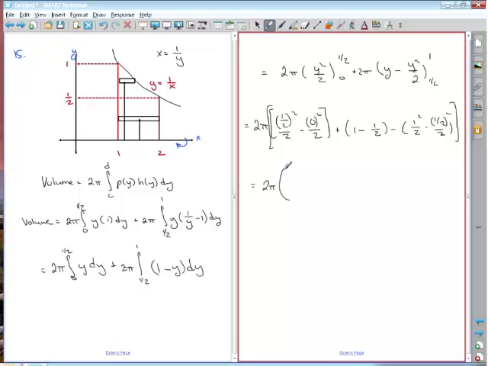So we get 2 pi. This will be 1/4 divided by 2, which is 1/8. And then we'll have plus 1/2. And from this part, we will have negative 1/2.